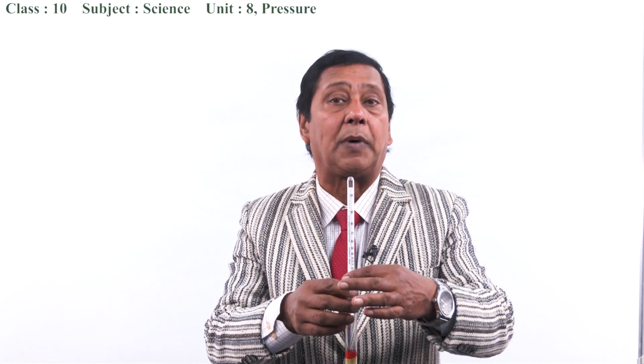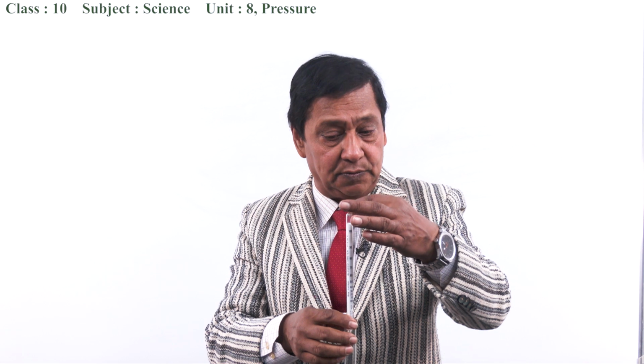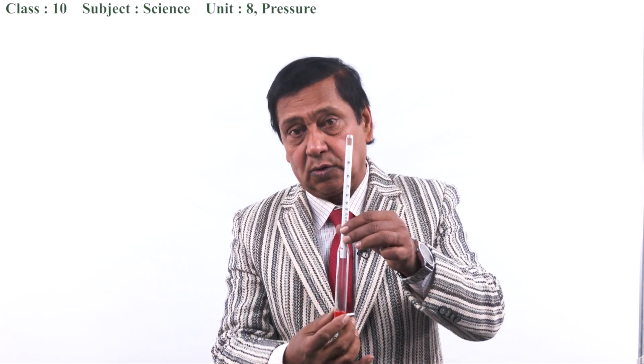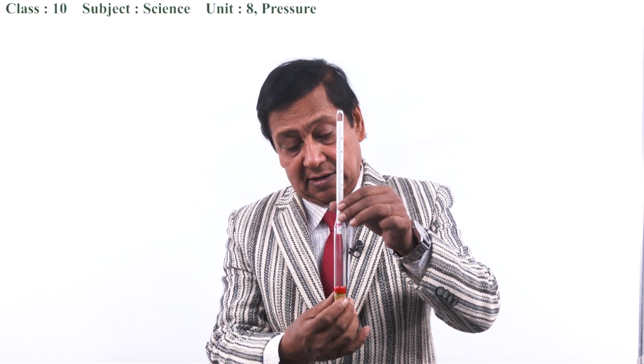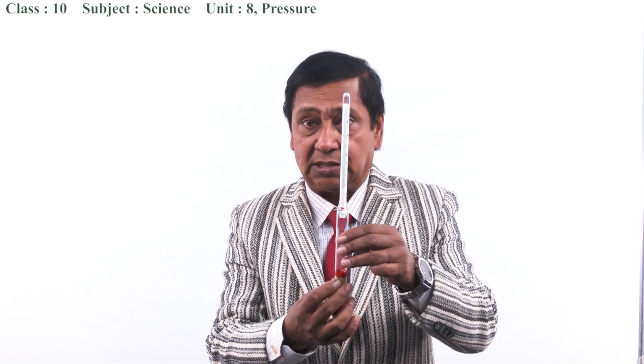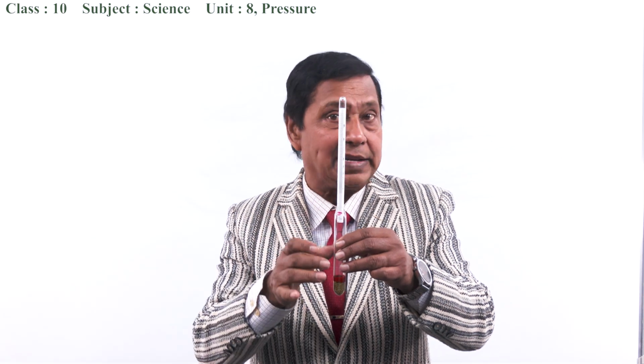It consists of two parts. One is a long narrow tube, and the narrow tube is connected to a wide cylinder, and at the bottom of the cylinder it is filled with lead salt or mercury salt to make it heavy.